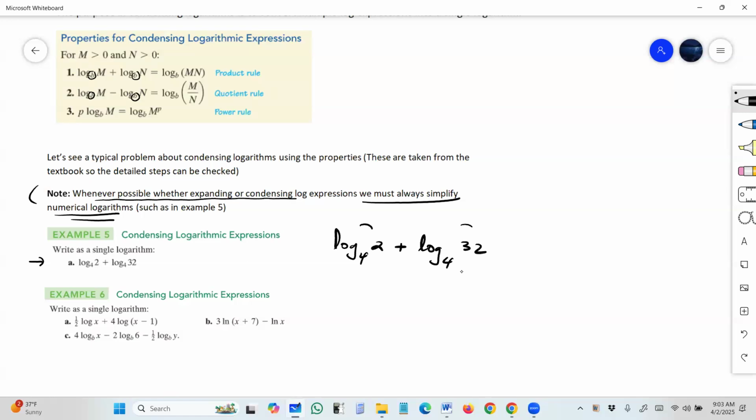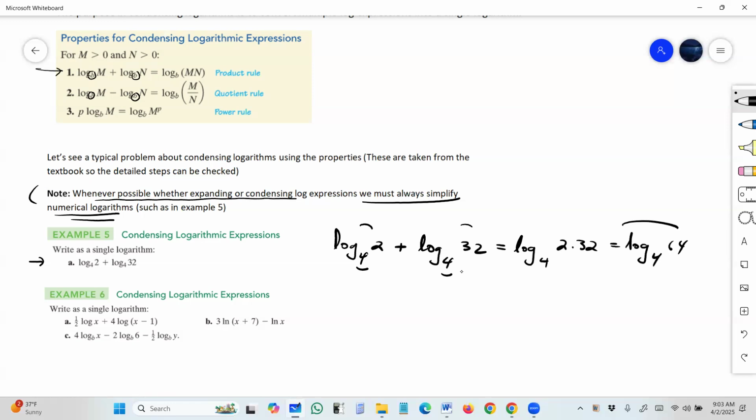So I will apply the first property, which is the sum of logs is the log of their product, provided that the bases are the same, which in this case they are. So this is log base 4 of 2 times 32, which is log base 4 of 64.